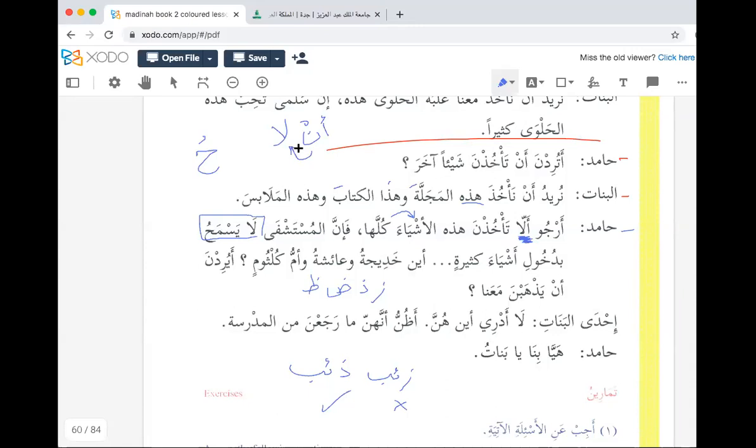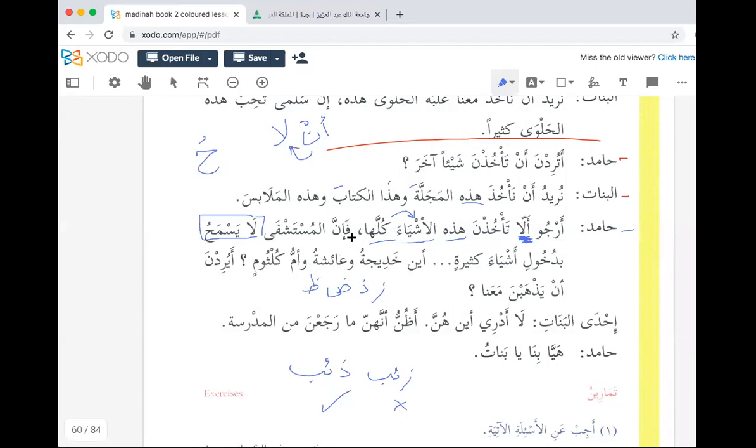So arju, that's the verb. An la ta'khudna, he needs an because of ta'khudna, joining two verbs together. هذه الأشياء, هذه is مفعول به. الأشياء is the badal. كلها, this is tawqid of al-ashya'a, of هذه, Allahu alam.